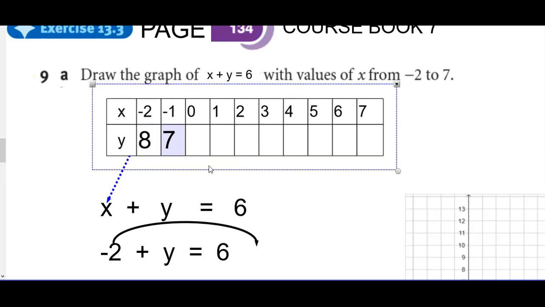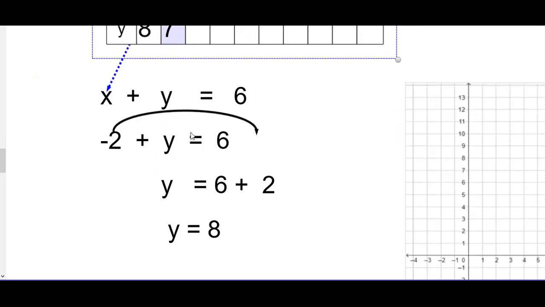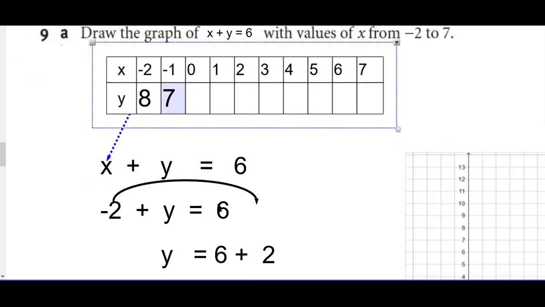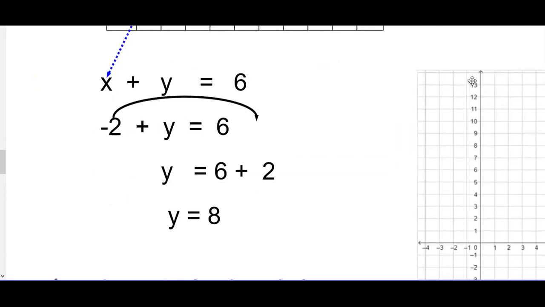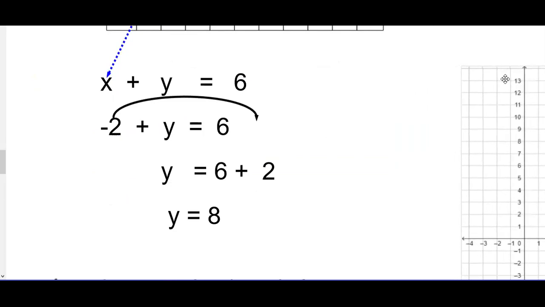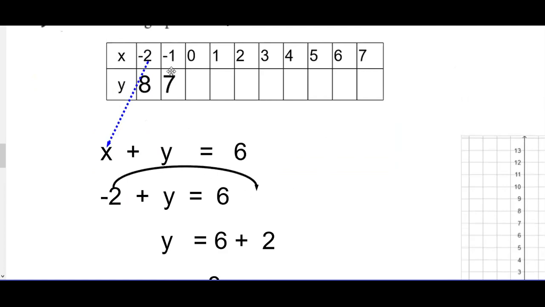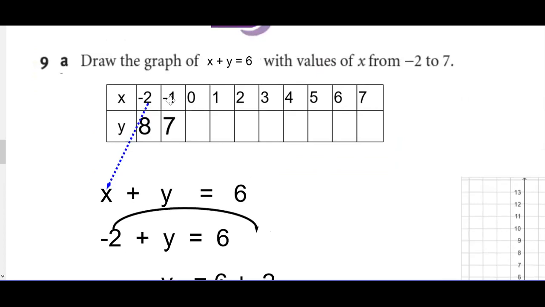You can go ahead and do the working like how I have done here, and the exercise looks pretty easy. So x is -1, y becomes 7.